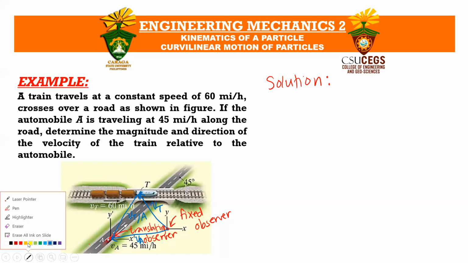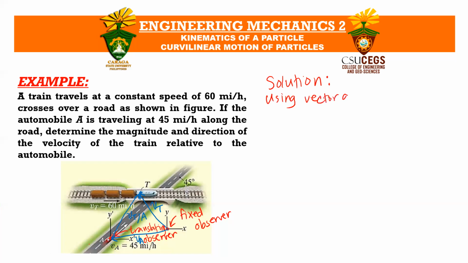By using vector analysis, the velocity vector of the train is equal to the velocity vector of the automobile plus the velocity vector of the train relative to A.